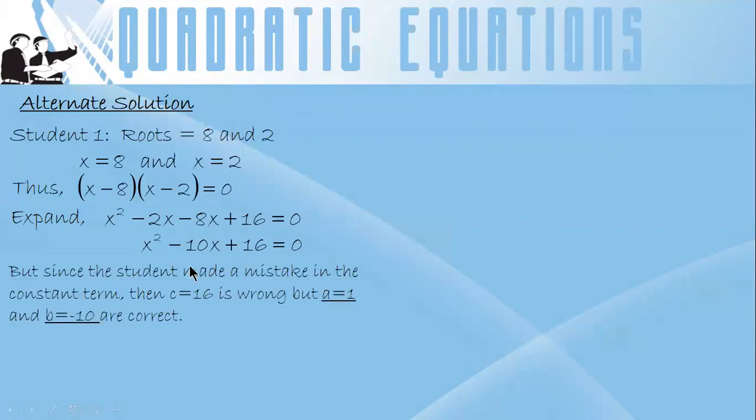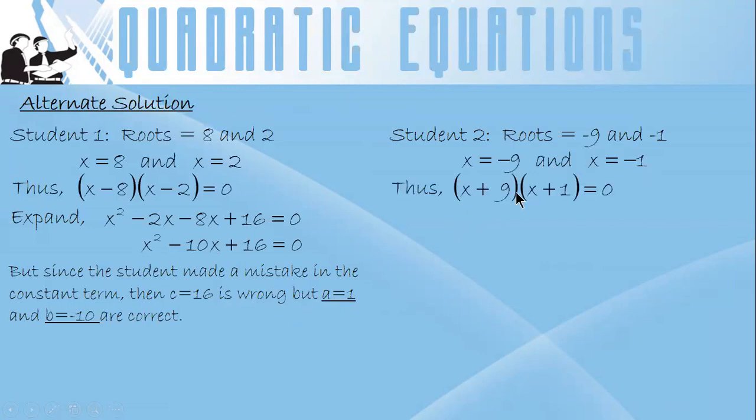Right? But the student made a mistake in the constant term. Therefore, the C, 16, is wrong. But the A and B are correct: 1 and negative 10. Correct. For student 2, first the roots: x equals negative 9 and negative 1. And then we have this.